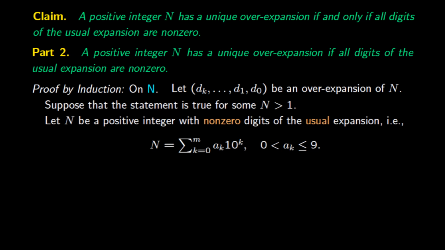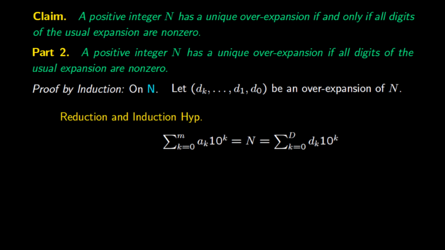The condition of the general statement is that all digits of the usual expansion of n are non-zero. So ak varies from 1 to 9. This is the reduction step, so we can use the induction hypothesis. ak are from the usual expansion, and dk are from the overexpansion.